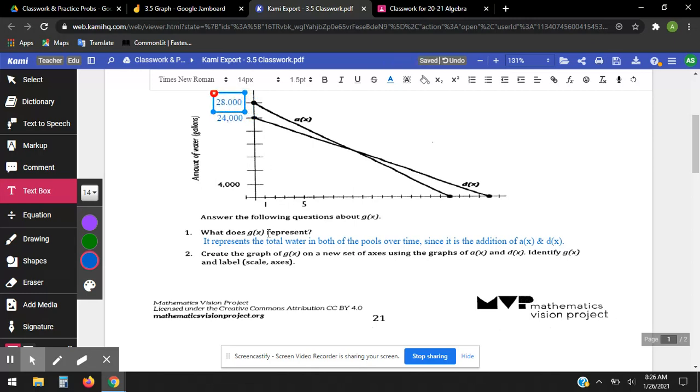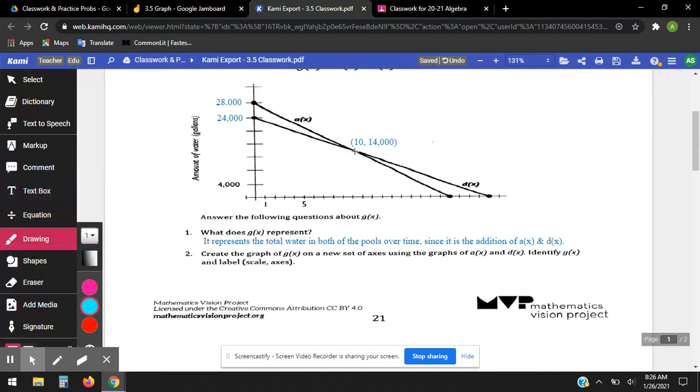We also knew that where they connected was 10 minutes. Both had the same amount of water, 14,000 gallons, at 10 minutes. So, given this information, we should be able to find a few points on our new graph.